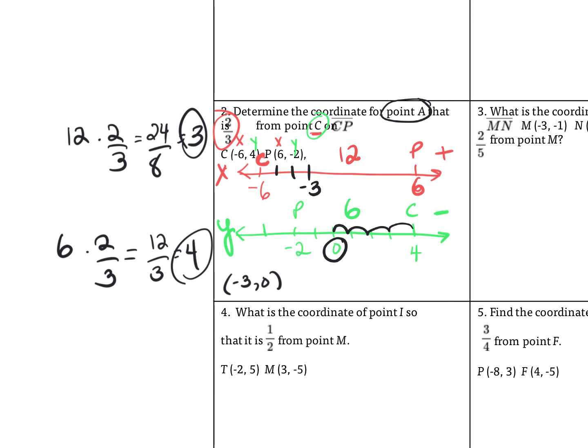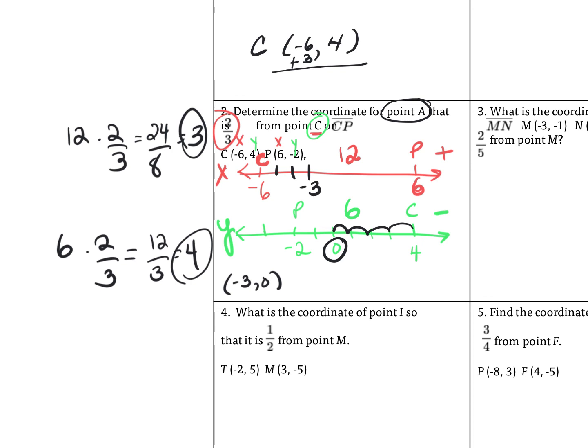Now, that's counting around on the number line. If I took the coordinate C, which I know to be (-6, 4), now remember, on our x-axis, we're going from negative to positive from C to P. So I am going to add my 3 units. But for my y value, C's at 4 and P's at -2.